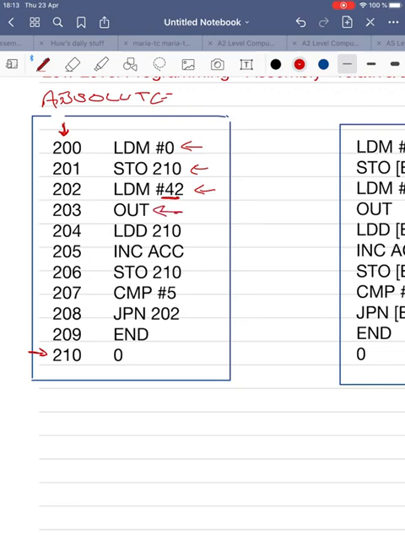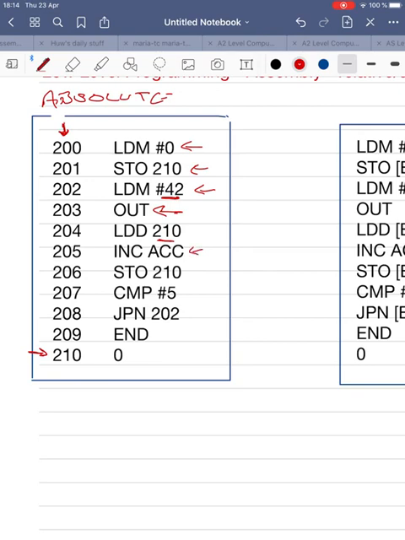The out instruction takes whatever value there is in the accumulator and outputs it as its ASCII character. We then load direct, so it's the value at this address location using the direct addressing mode. So we go to 210, we load the value 0 into the accumulator.